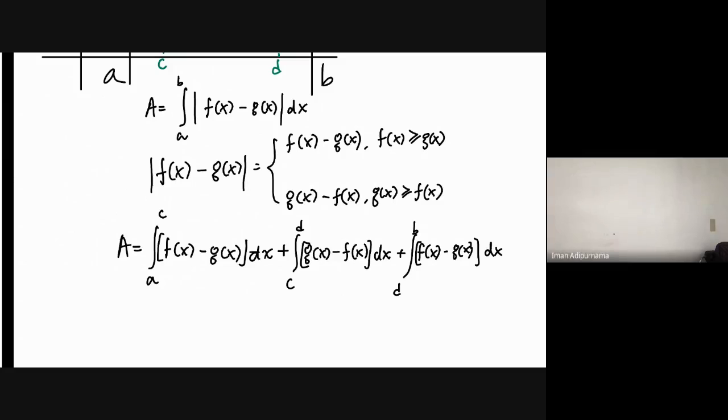So the area is not always just one area. If the question is, for example, sine and cos, the graph will have more than one area in between the curves, right? So you need to add all those integrations, and you need to input the intervals, the intersections between the curves. Okay.